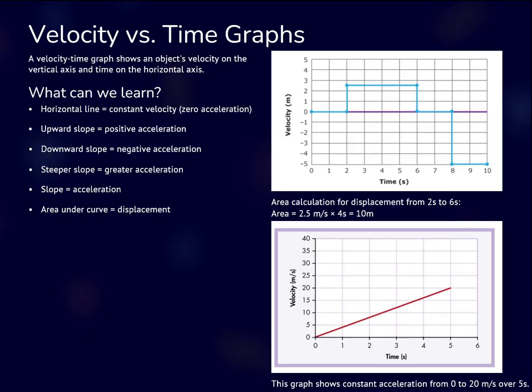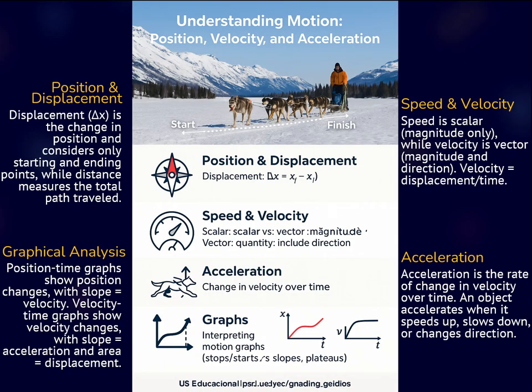The area under the curve tells us the displacement. So let's say that the sled is moving at 2.5 meters per second for 4 seconds. In that case, the area is going to be equal to 2.5 multiplied by 4, which is equal to 10. That is how far the sled traveled in that interval.